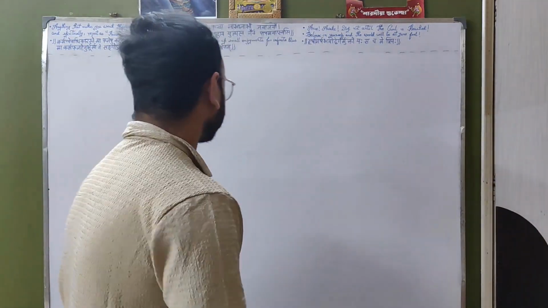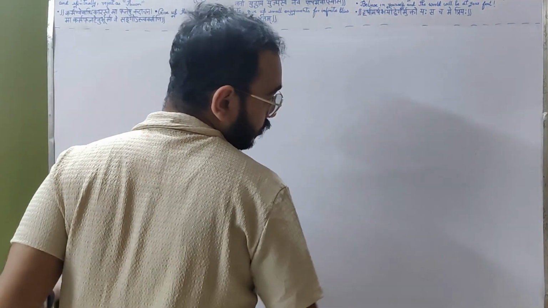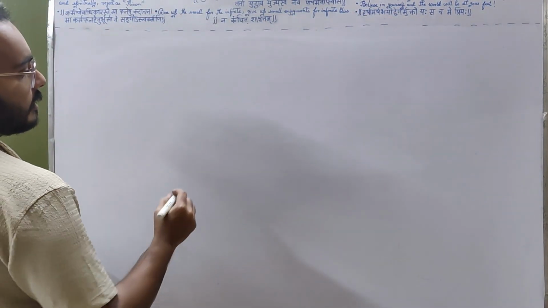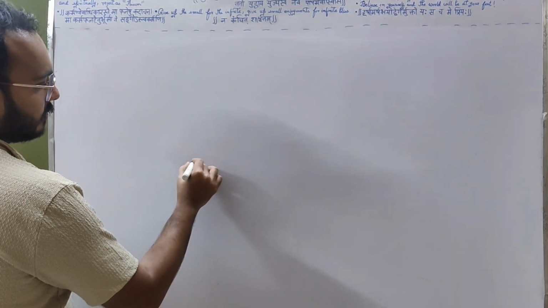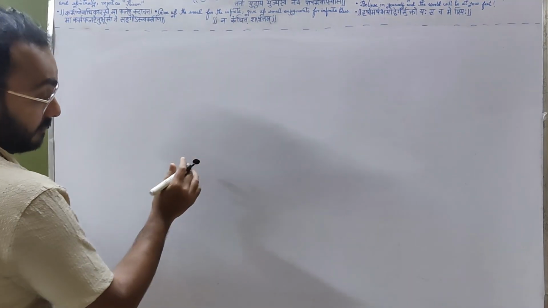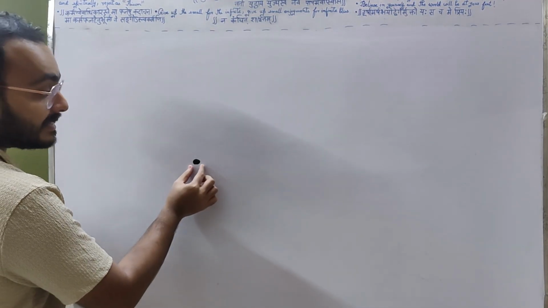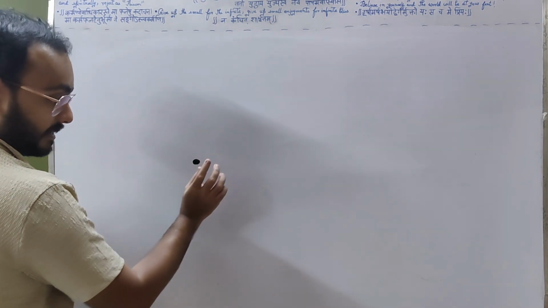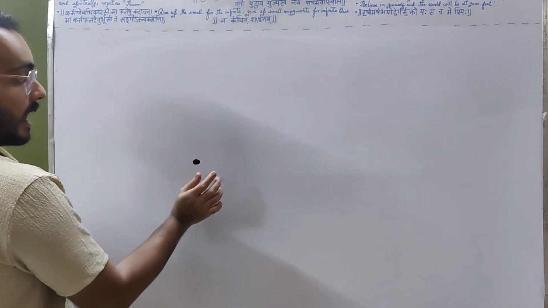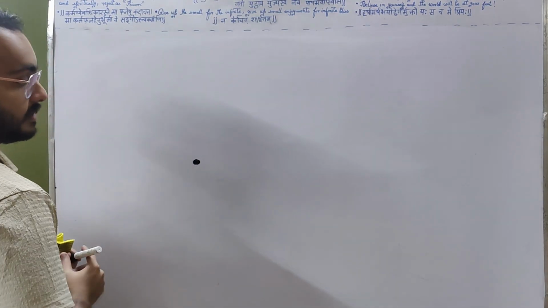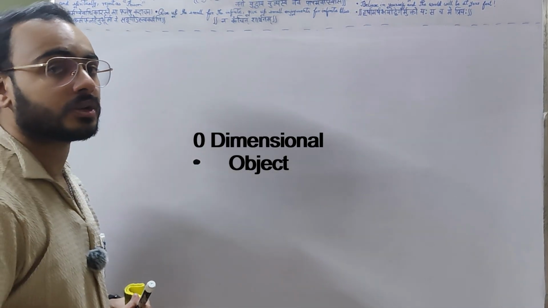Let's get into it. In this space of my board, I have an object. It's a very important object. This object does not have any length, it does not have any breadth, it does not have any height. And this object is hence a zero-dimensional object.